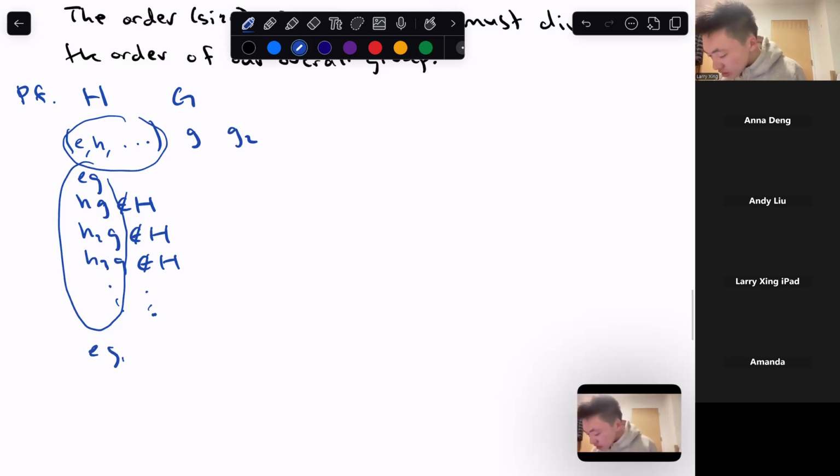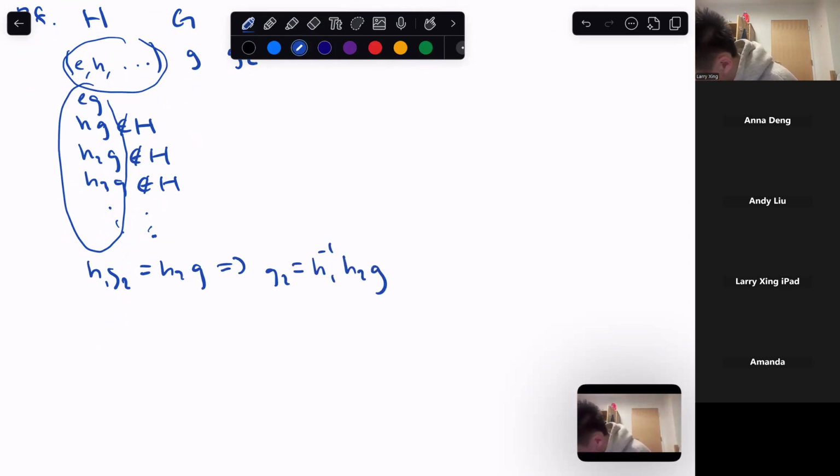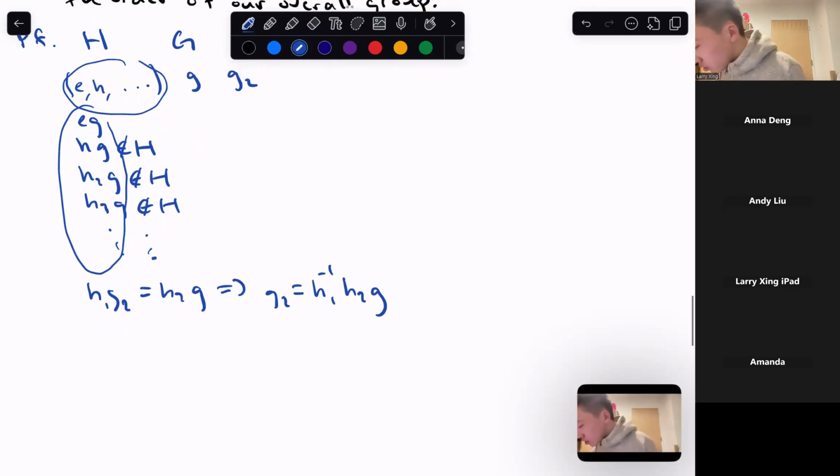Then eg2 cannot be within one of these two sets. Because if it were, let's say it equals some h2 times g, then we would see that g2 equals h1 inverse times h2 g, which must be within this set. So that contradicts what we originally did.